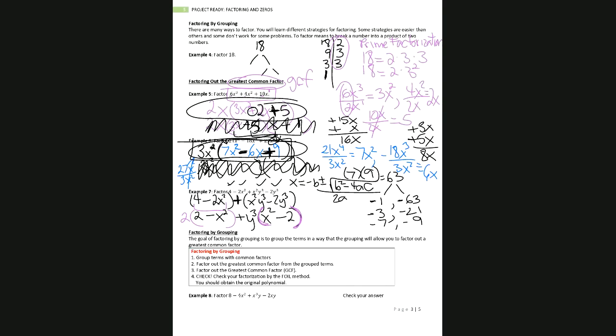So instead of factoring out a 2 here, I could factor out a negative 2. If I take 4 and divide by negative 2, I'm going to get negative 2. If I divide this expression by negative 2, I will get positive x squared.